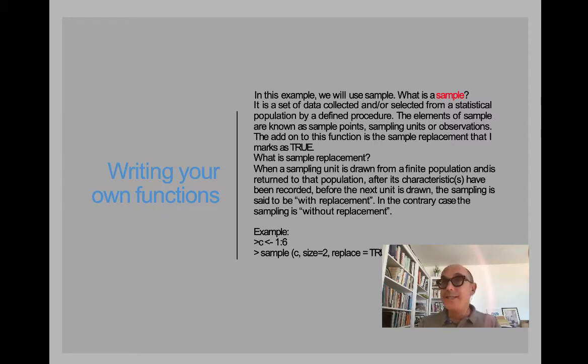So what is a sample replacement? When a sample unit is drawn from a defined population and it is returned to the population after its characteristics have been recorded, it can be a sample with replacement or without replacement. Usually we like to do it with replacement, and that is the case of true.